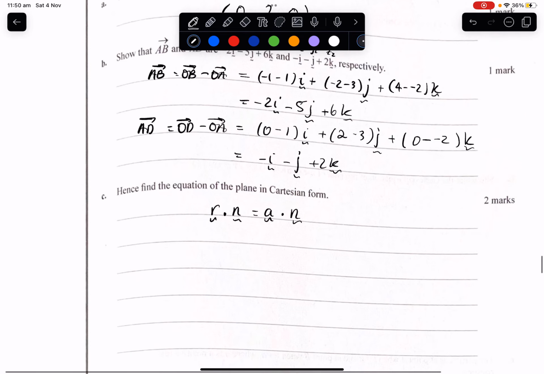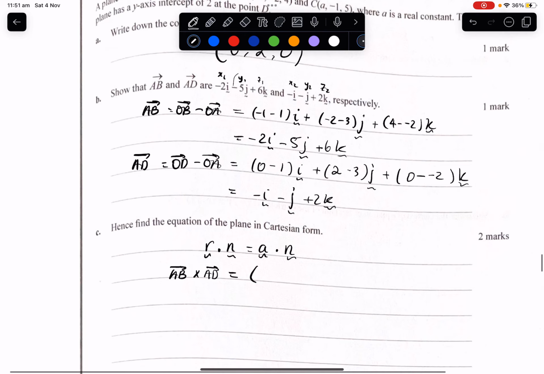Now AB cross AD is equal to, you've got y1 z2, so that's -5 times 2, which is -10, minus y2 z1, so minus -1 times 6, or plus 6, that's i.